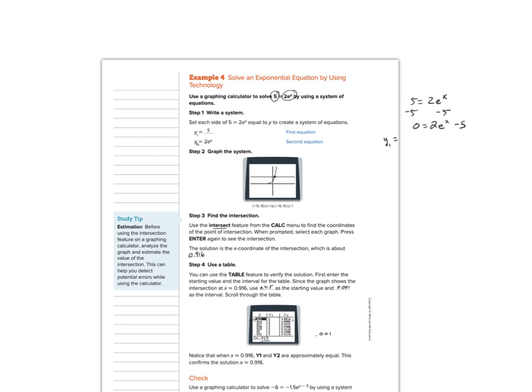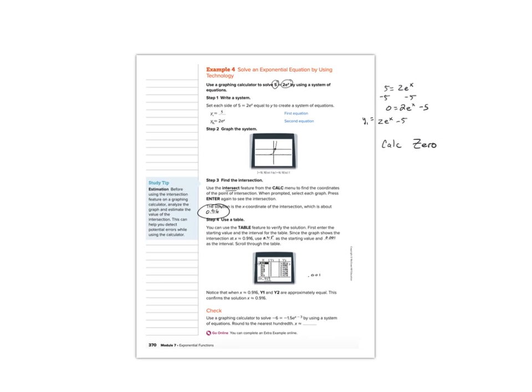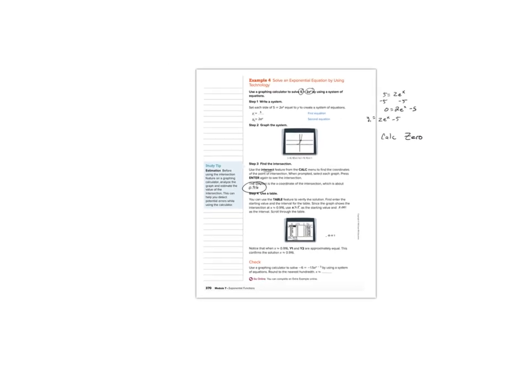If you plug 2e^x minus 5 into the graphing calculator, you're just looking for your zeros. You want to calculate your zero, and wherever it crosses over the x-axis would also give you the solution of 0.916. So there are different ways that the calculator will come up with the work for you, and we've done that in previous sections.